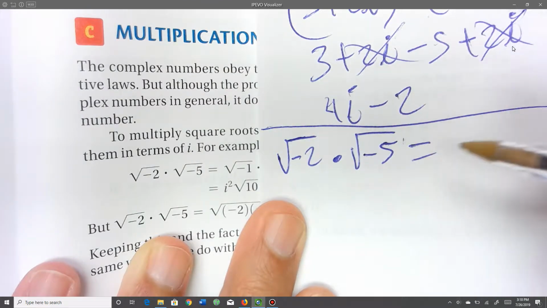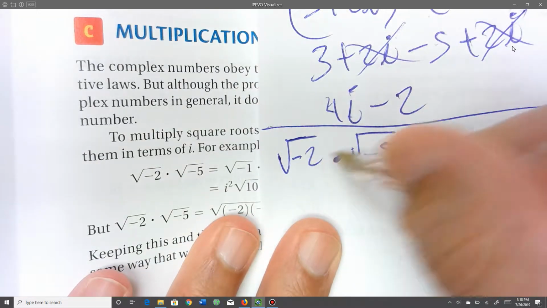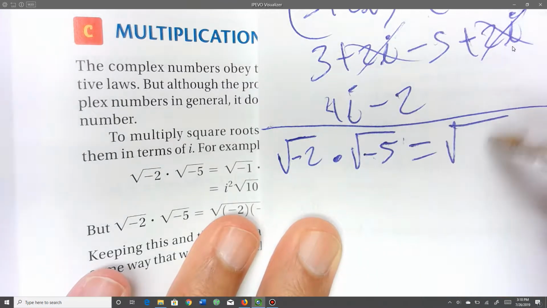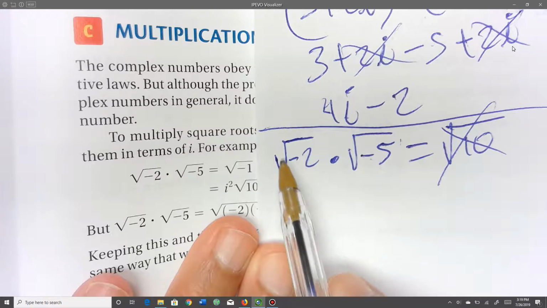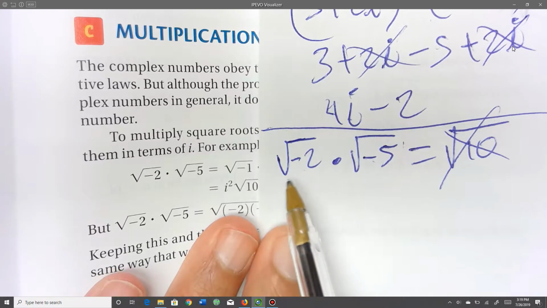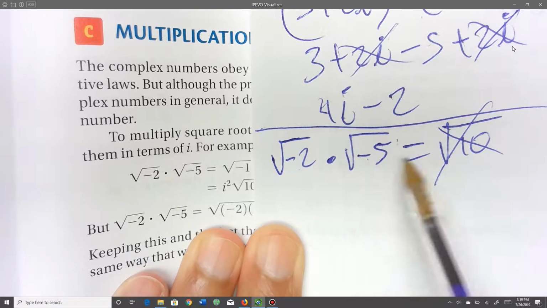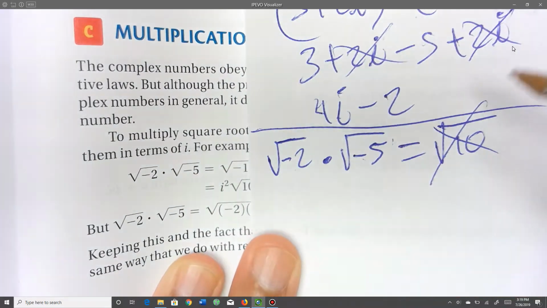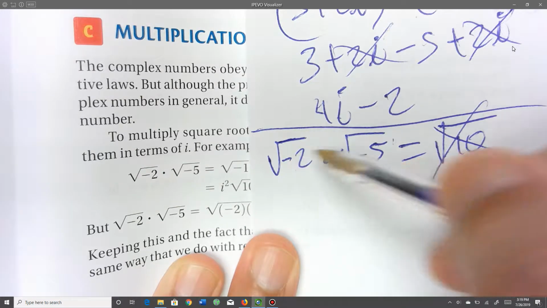Here you'd be tempted to say, well, that would be a negative times a negative, which gives me a positive 10, right? Well, you'd be wrong, because remember that we don't have any negative square roots, so we can't have negative signs inside the radical there.